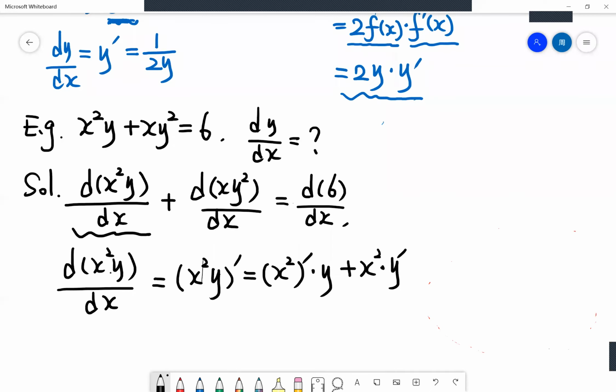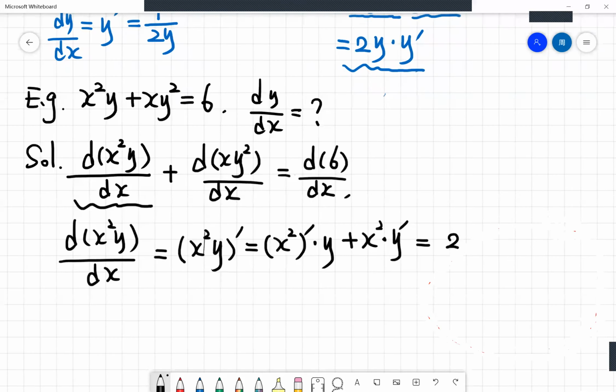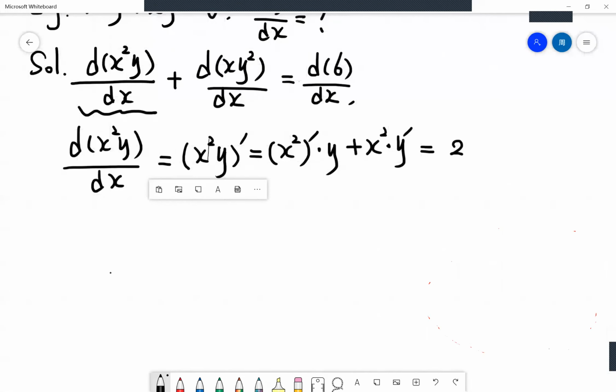Here we use the product rule, and we know that equals 2xy plus x squared times y prime. So the first part, we get the result.